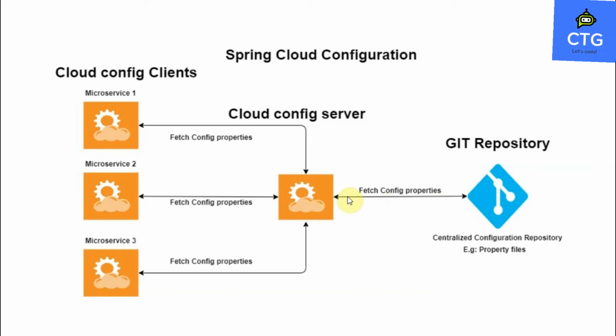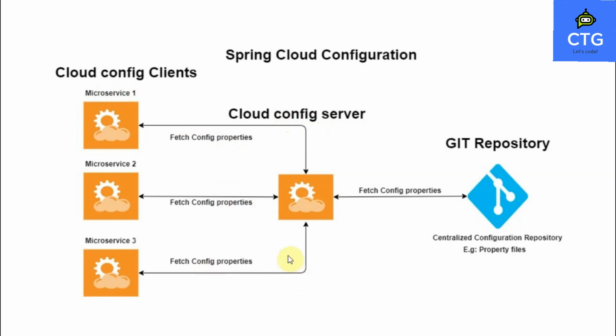In this playlist, we'll have a sequence of Spring Cloud config server videos. We will understand how the interaction happens from the Spring Cloud config server to the Git repository, how the interaction happens from the Spring Cloud config clients to the config server, and how the configuration is distributed to each and every microservice.